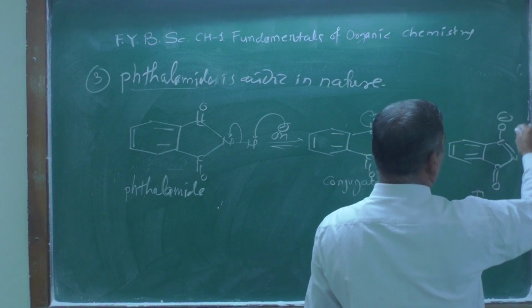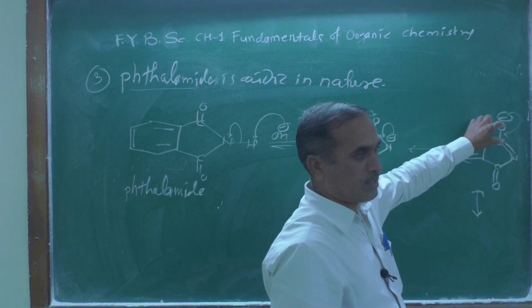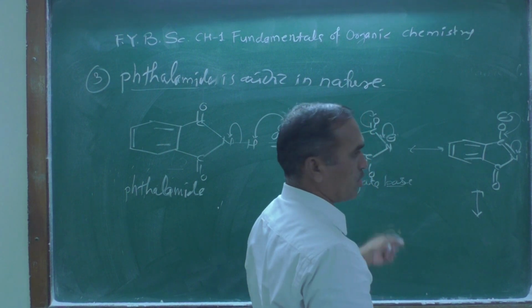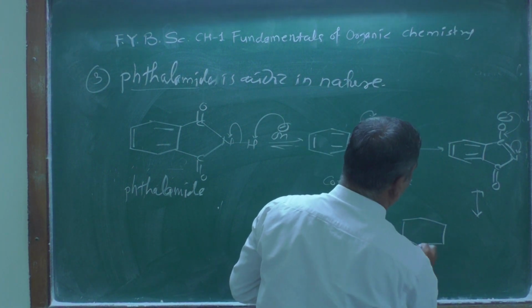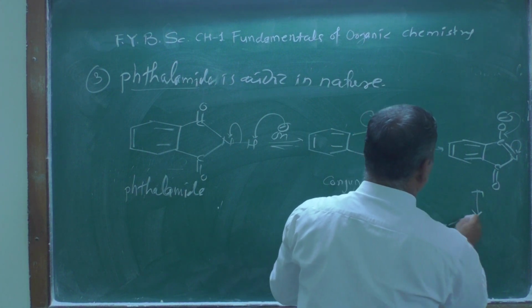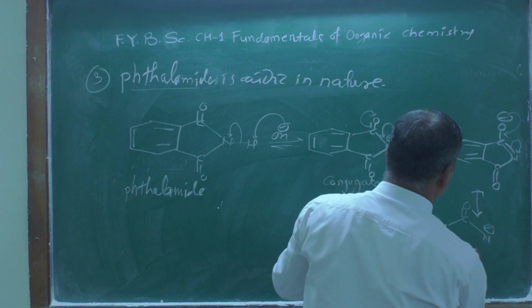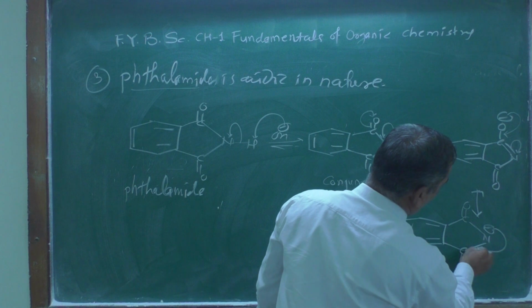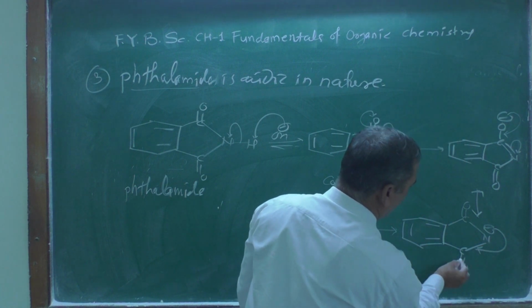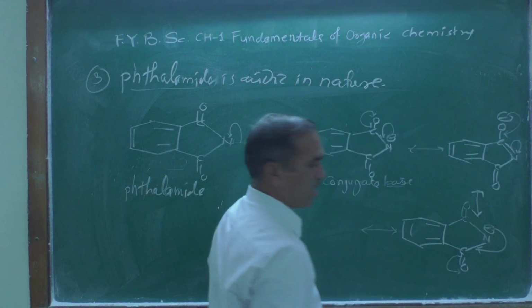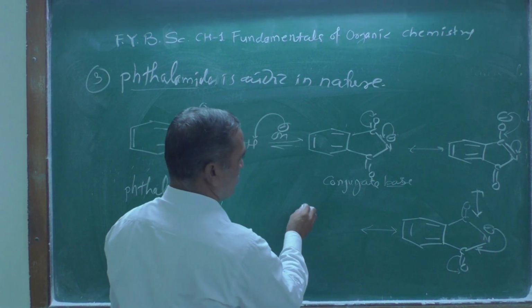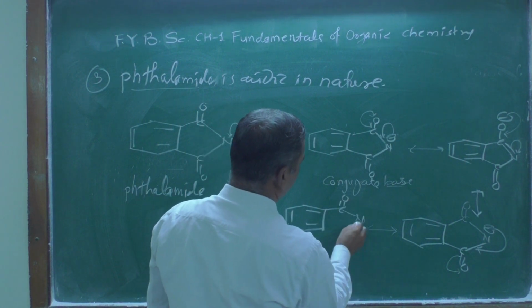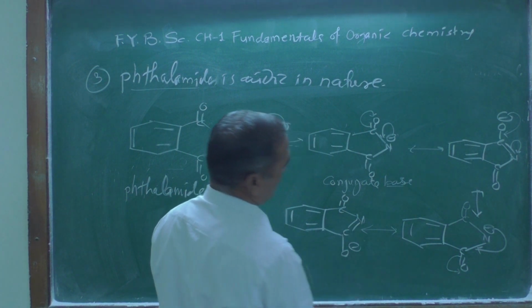Or you can draw another structure, forming a double bond between this carbon and oxygen atom, which again concentrates the electron density on the nitrogen atom, and you get this structure: C double bond O, then N minus charge, then C double bond O. Again you can draw a similar structure, with the negative charge forming a double bond between nitrogen and carbon, while the oxygen atom carries the negative charge, so you get C double bond O, then N double bond C, then O minus. This is the structure.